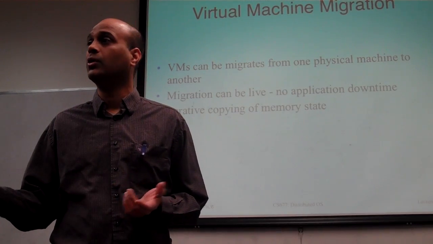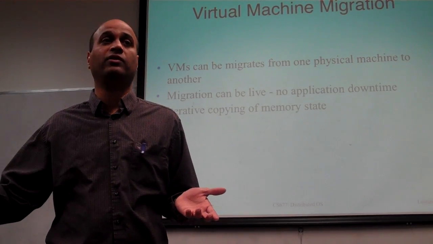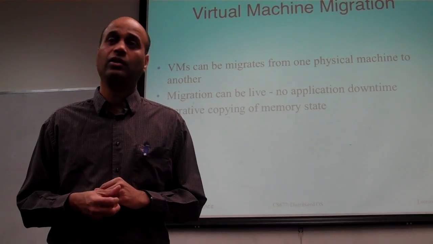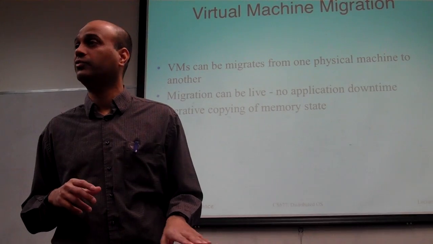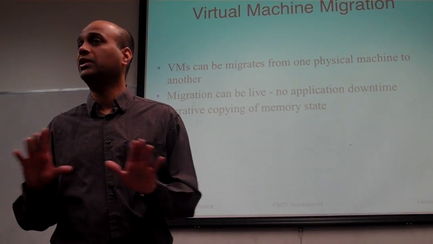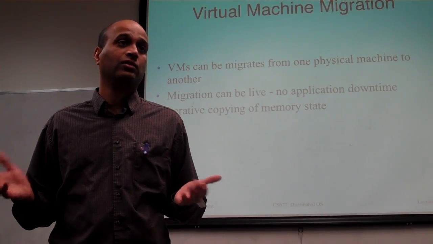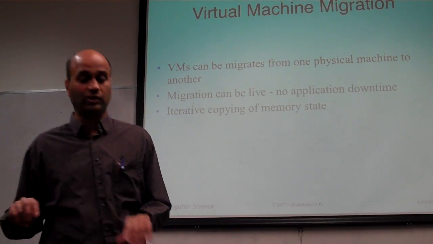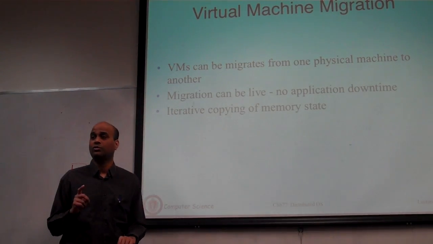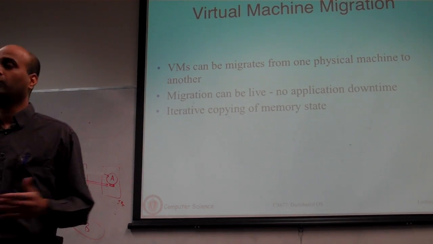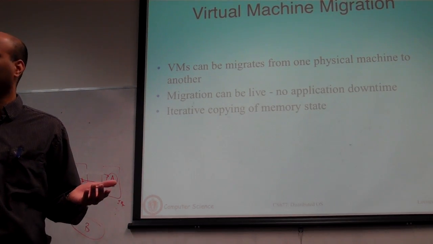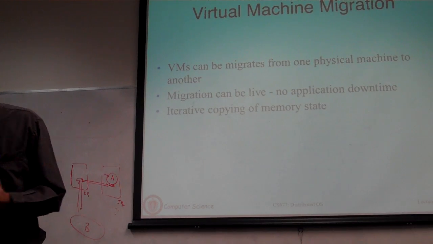Your OS and processes will all move over. Everything looks the same because you are still executing on a virtual machine, not on the physical hardware. The virtual machine abstraction hasn't changed. The physical machine abstraction is the one that changed. But this requires a downtime where you suspend, copy and resume. During that time the process doesn't execute. It's in a suspended state.